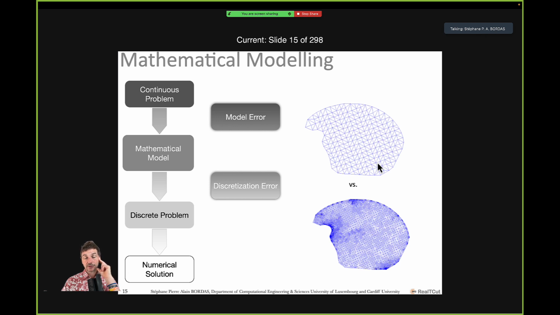You will get some sort of error. And the big question, and we'll talk about it again today quite at length, is how do we compute the error, although we don't know the exact solution, right? Because if we knew the exact solution, we would simply compare the discrete solution to the exact solution. But of course, in the cases that are of interest to us, we don't know this.